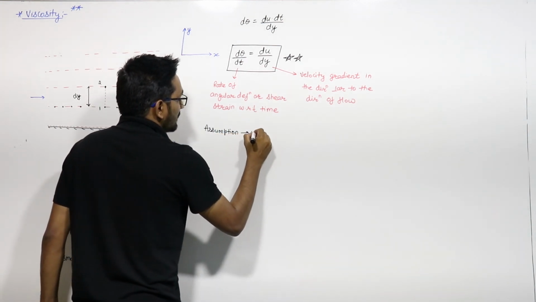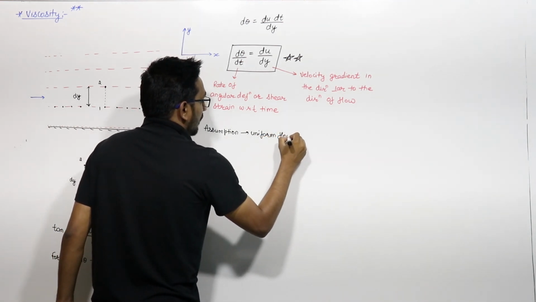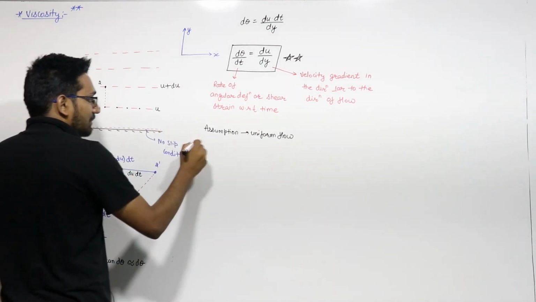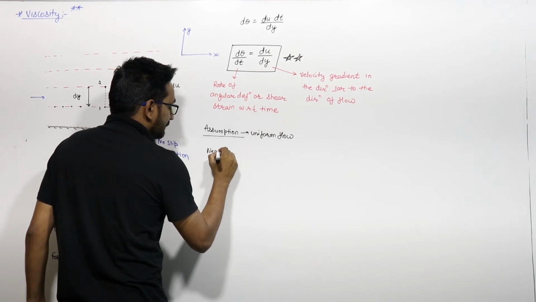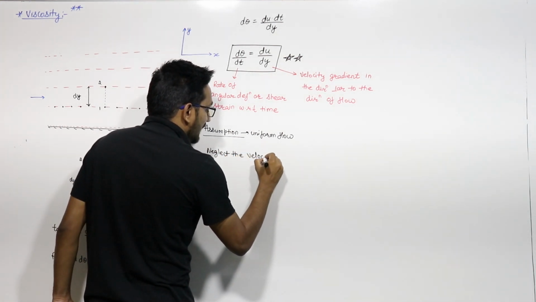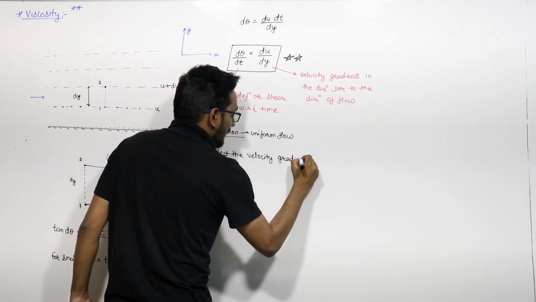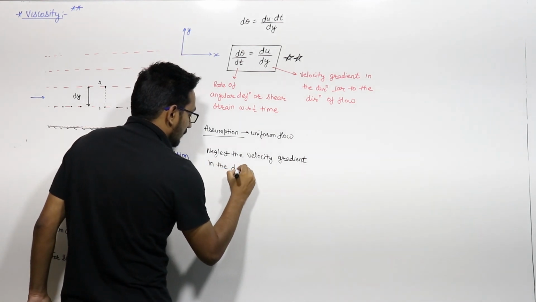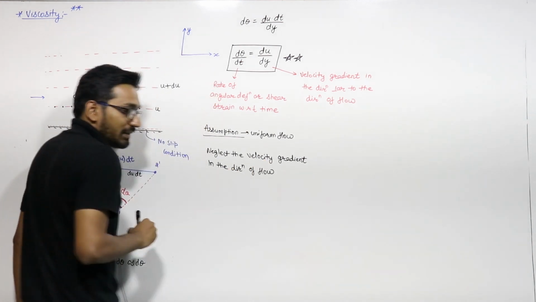We will discuss what a uniform flow is in our fluid kinematics chapter. That means we neglect the velocity gradient in the direction of flow.